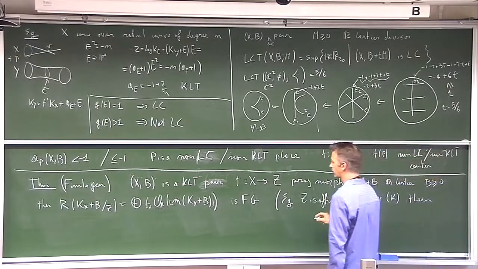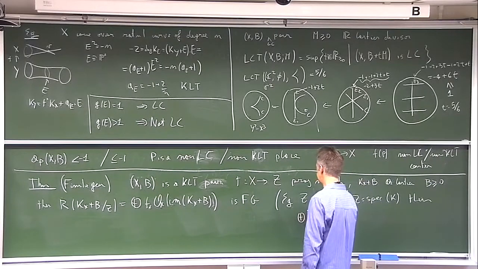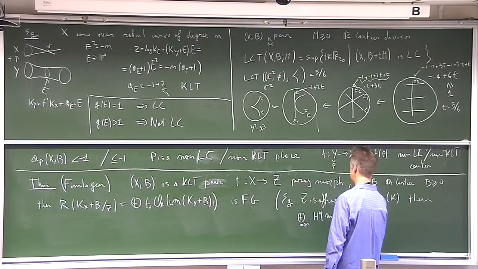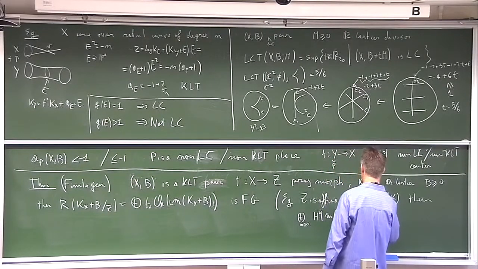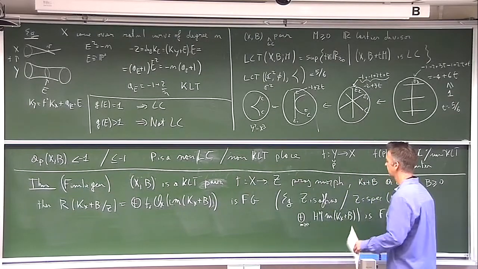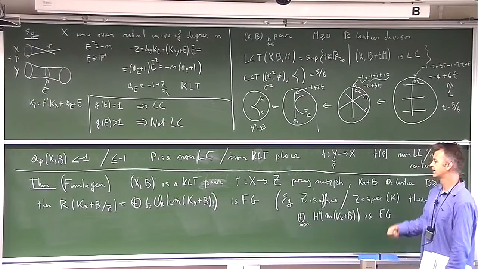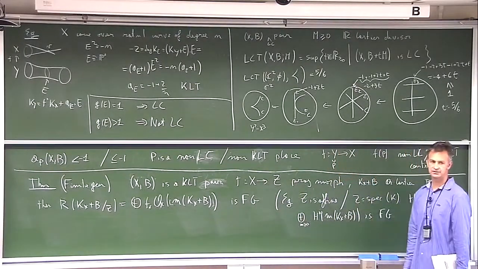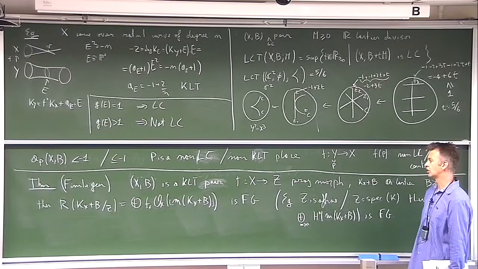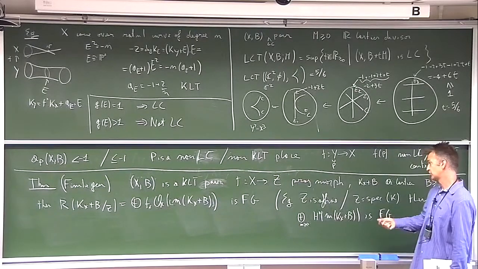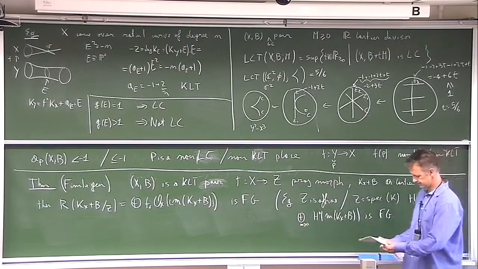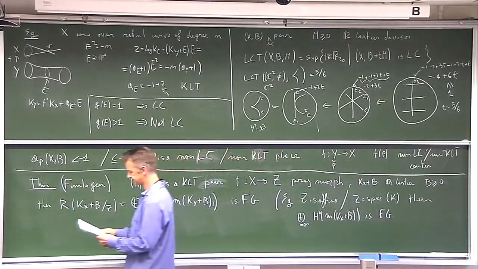Then what you're asking is that the canonical ring, the direct sum for m greater or equal to 0 of H^0(m(K_X + B)), is finitely generated. Because if Z is affine, then the pushforward is just determined by the global sections as an O_Z-module; if it's Spec A, as an A-module. Okay, so that's what the result says.